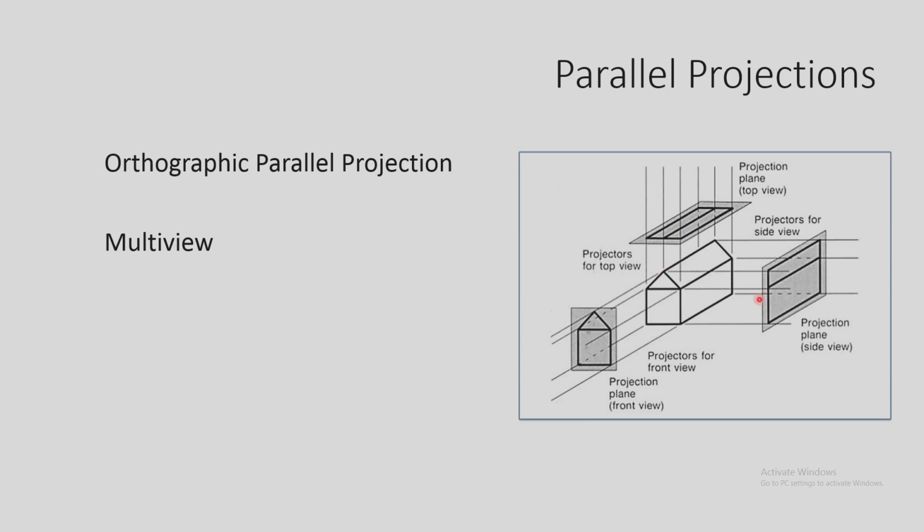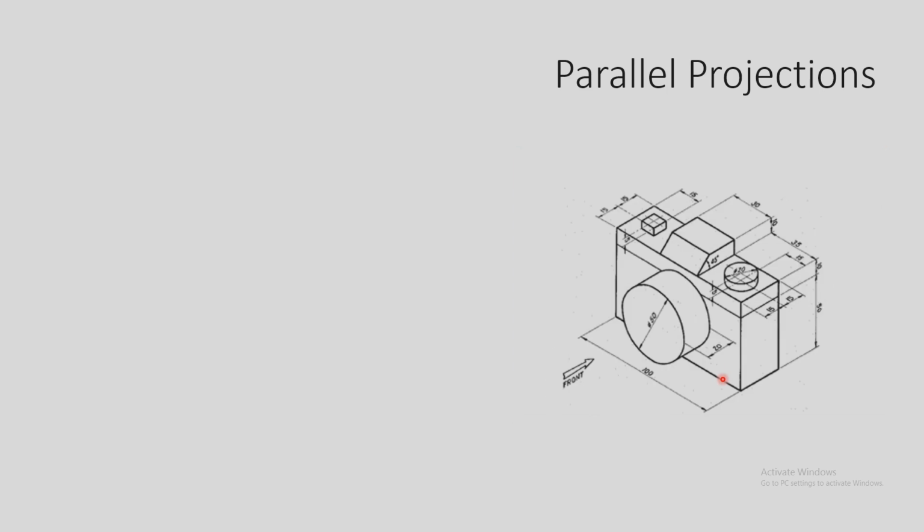So an object can be depicted by multi-view. 3 different views are provided of the same object. This gives complete information on how the object looks from the top view, the front view, and the side view. This gives a complete description of the object. This kind of multi-view orthographic parallel projection is used in architecture of buildings, where measurement is a major issue, where you cannot change the size.